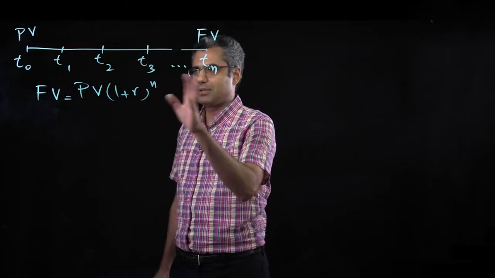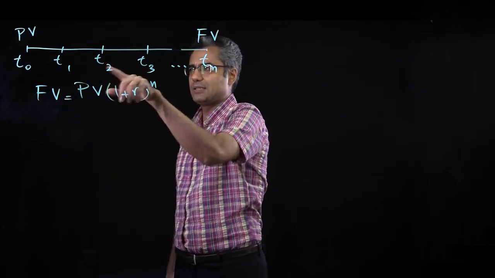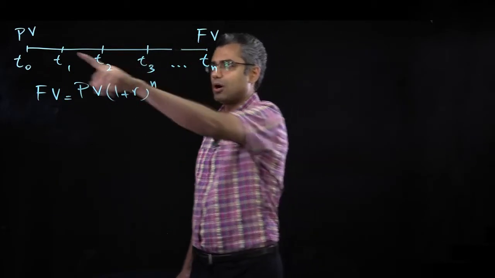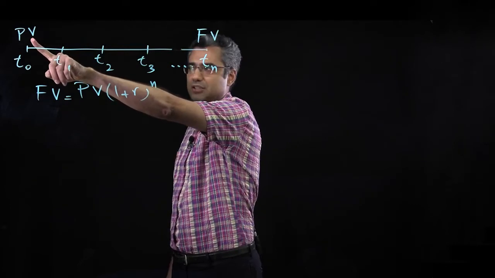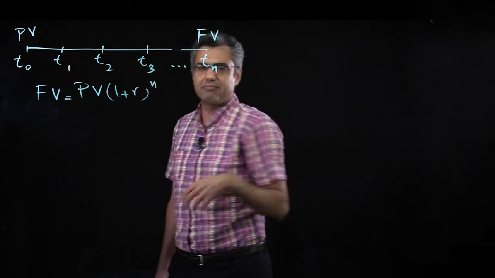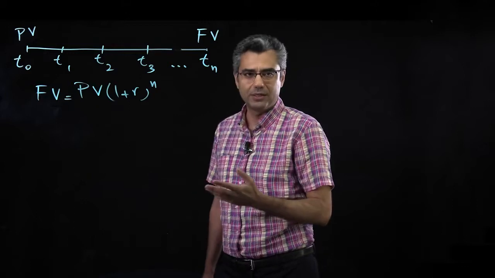So in this general form, I want to compute the future value of an investment or a cash flow today. So today I have PV. PV means the value of a cash flow or an investment today.